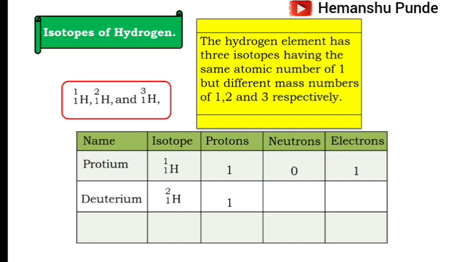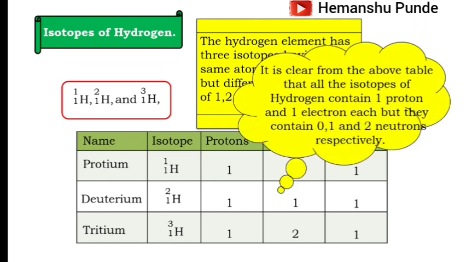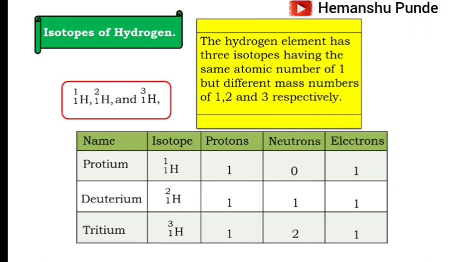Deuterium 2H1: 1 proton, 1 neutron and 1 electron. Tritium 3H1: 1 proton, 2 neutrons and 1 electron. It is clear from the table that all the isotopes of hydrogen contain 1 proton and 1 electron each, but they contain 0, 1 and 2 neutrons respectively. So isotopes exist due to different number of neutrons.